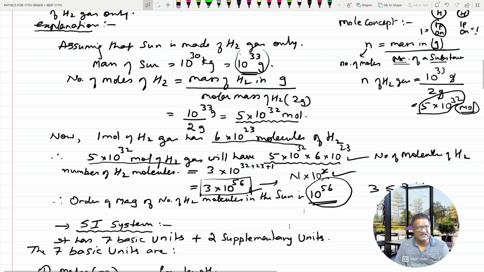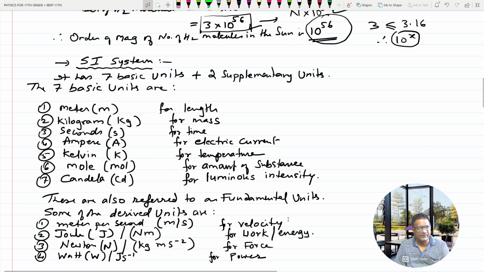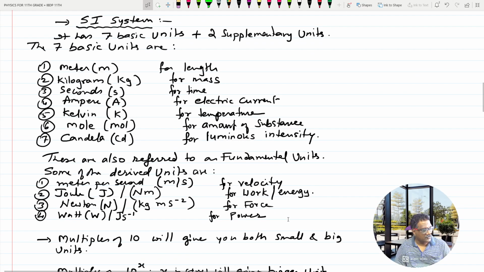Now let us move on to something called the SI system. The SI system is a system in which all measurements are considered, and it is universally accepted by each and every country in the world today.